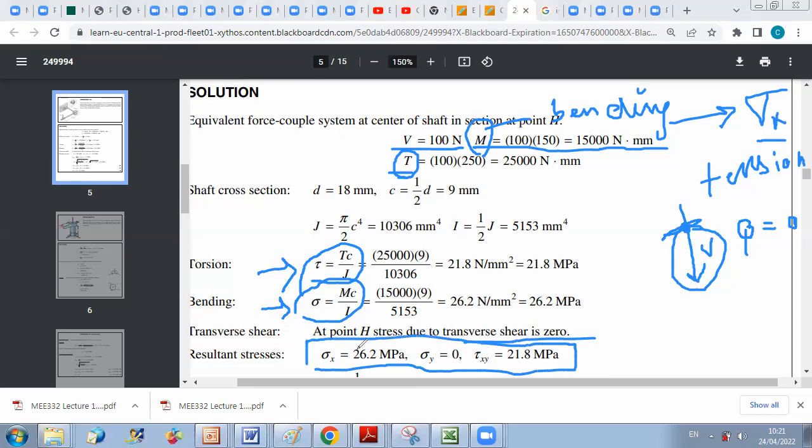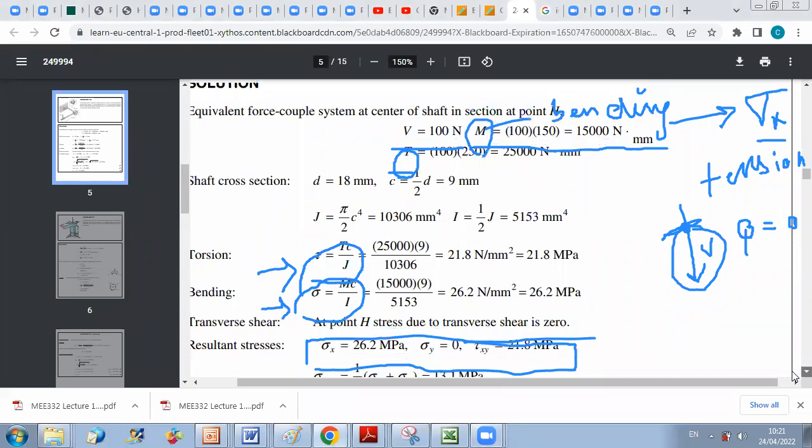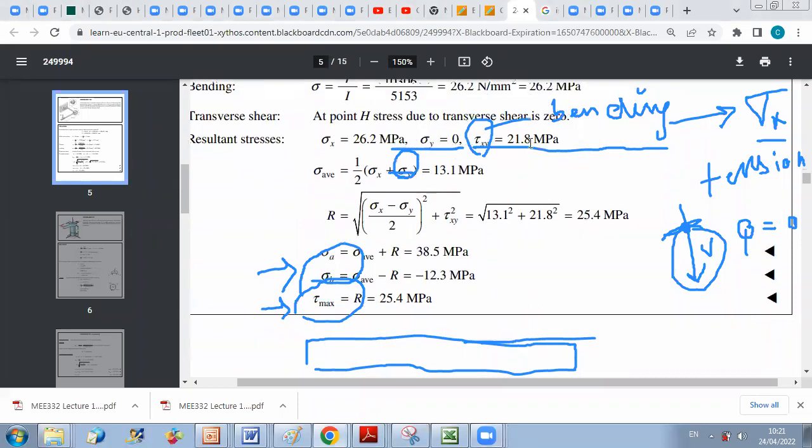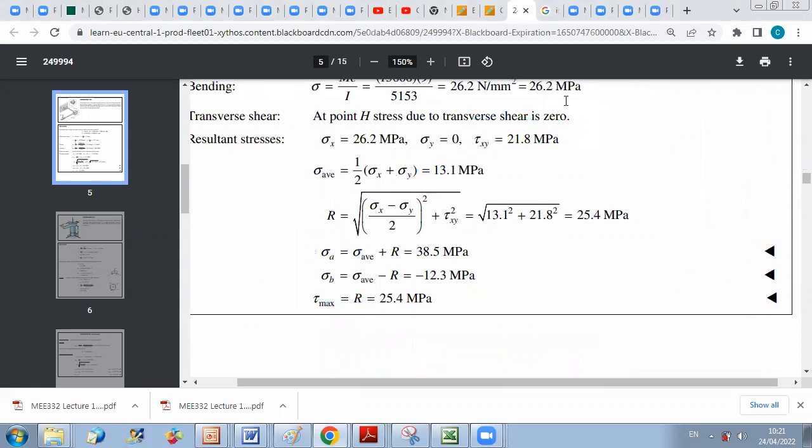And therefore, once we know sigma x and tau xy, the next step is to compute the maximum stress and the principal stresses according to the formulas developed before. First I can find the value of sigma average, which is half of sigma x plus sigma y.